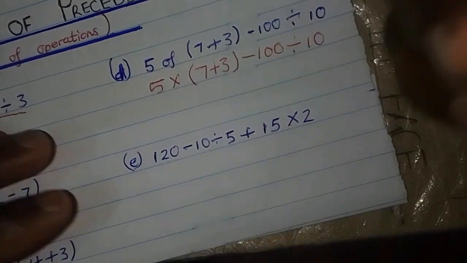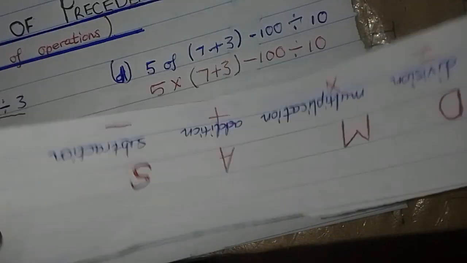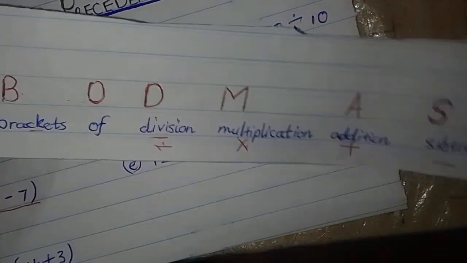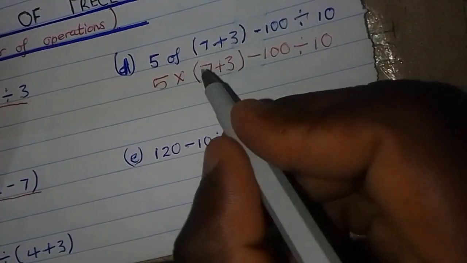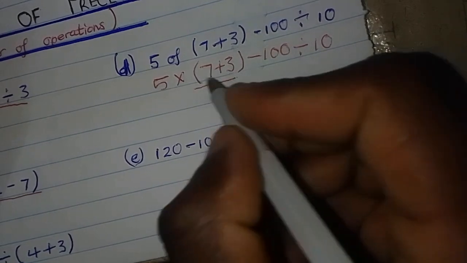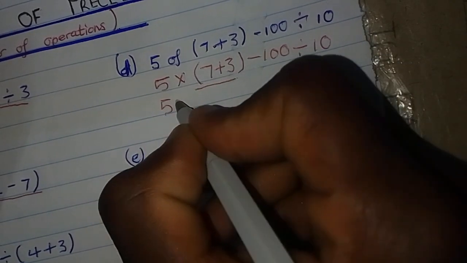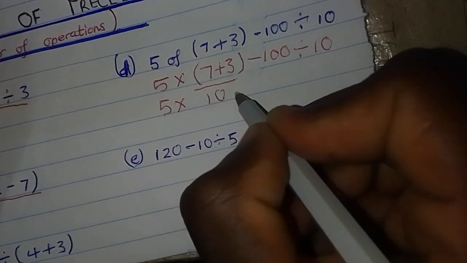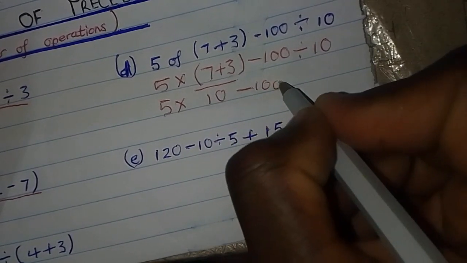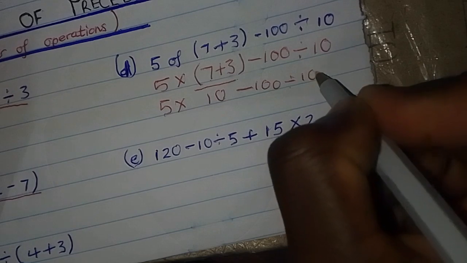Then from our acronym, remember, we have to deal with what is inside the brackets first. Let's maintain the first part. 5 times 7 plus 3, that's 10, minus 100 divided by 10.